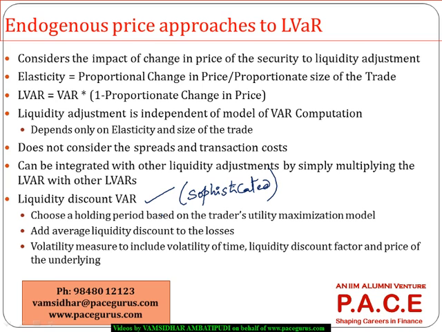Okay, what is that particular holding period that really maximizes his utility function? So identify a holding period that maximizes the utility function for the trader, and corresponding to that holding period, identify the liquidity discount and add it to all the losses, simulate it, and make sure that the volatility that we are considering takes into account the time factor, the liquidity discount factor, as well as the asset.